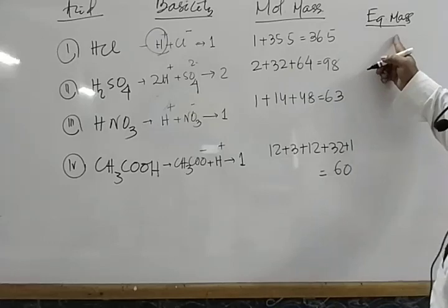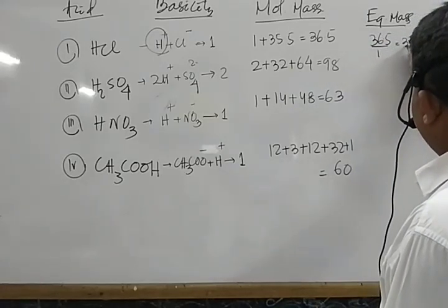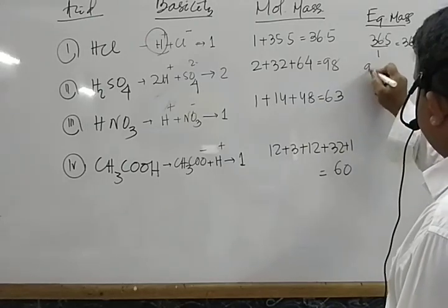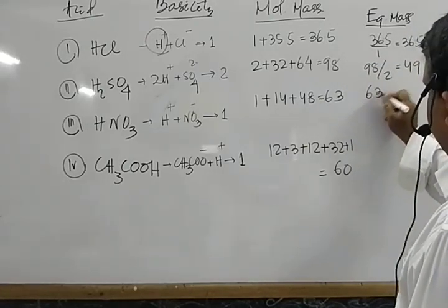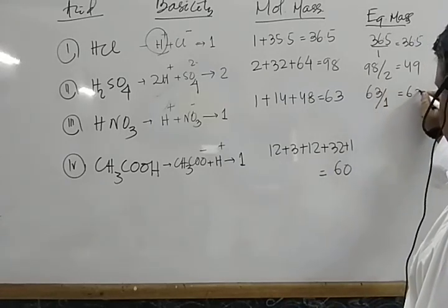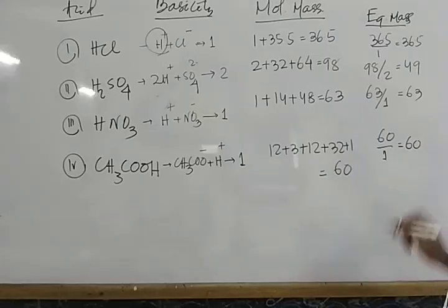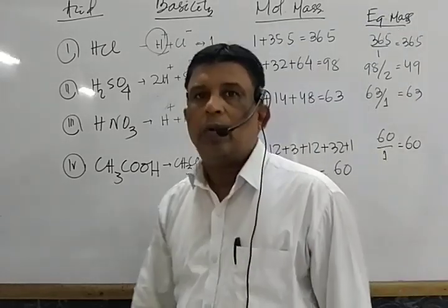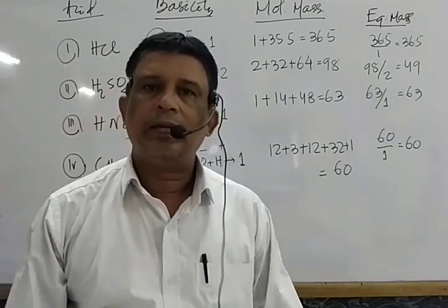So equivalent mass is 36.5 by 1 is equal to 36.5. 98 by 2 is equal to 49. 63 by 1 is equal to 63. 60 by 1 is equal to 60. These are the little ideas for calculating equivalent mass of an acid.